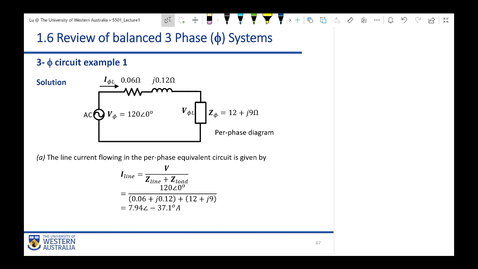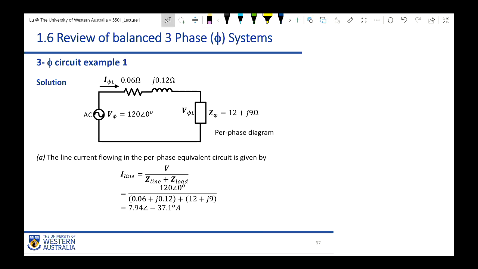Line current equals phase current for this Y pattern, so that's easy. So now we need to solve for the phase current. Because we are using per-phase analysis, within this single phase, the current is equal to the total voltage supply divided by the total impedance. There are 2 parts of the impedance. One is the impedance of the transmission cable.